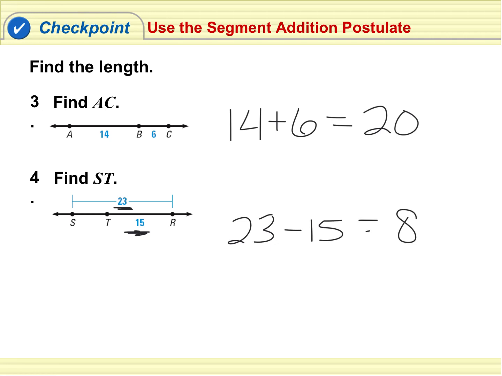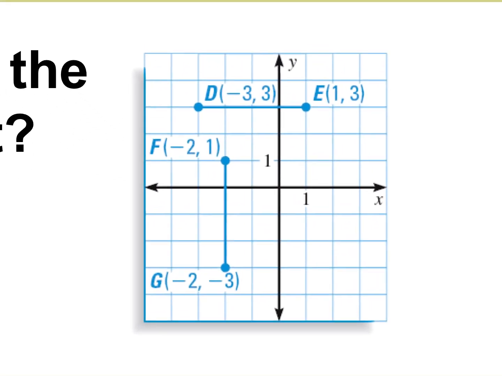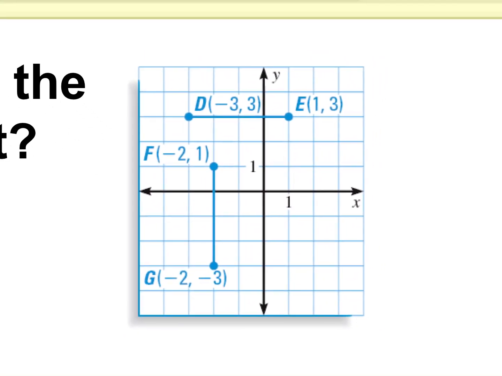We got a couple more to look at here. Now we're looking at coordinate planes. We want to know if these segments are congruent. What does congruent mean? The same. Yep, you want them to be the same length to be congruent. How do we find the length of these lines? They don't have any values on them. You count the squares, okay?